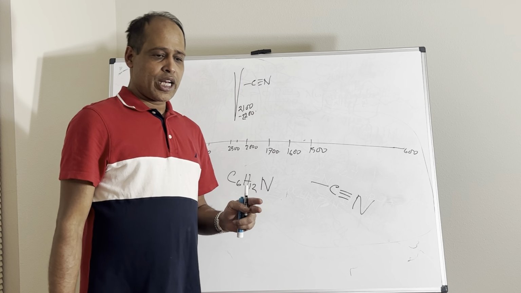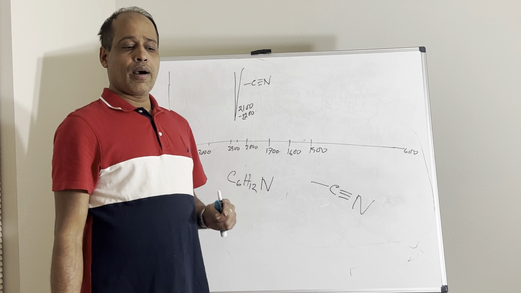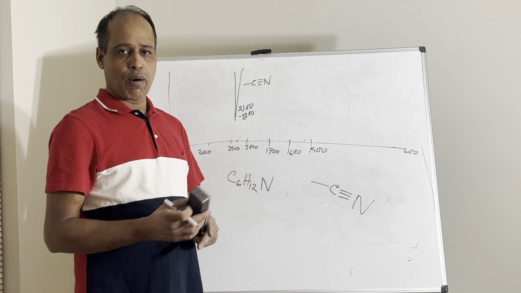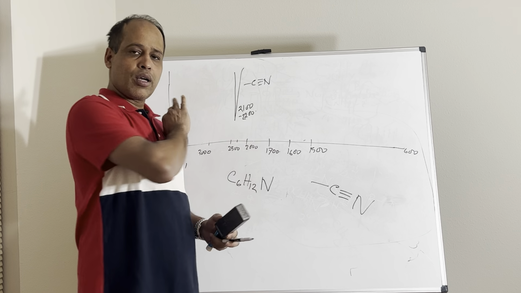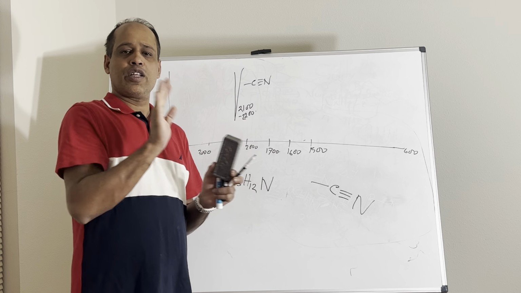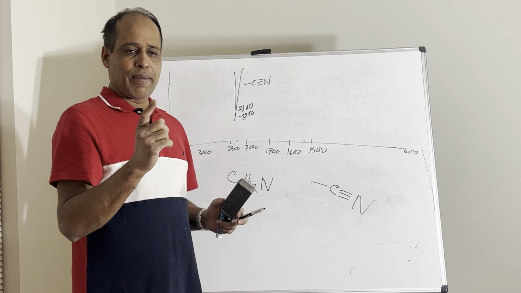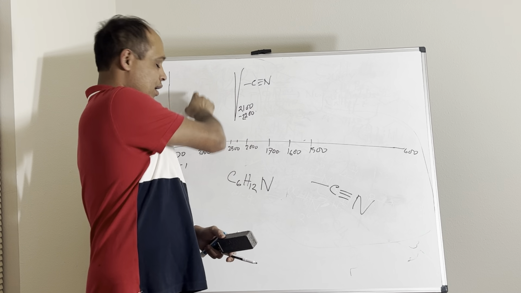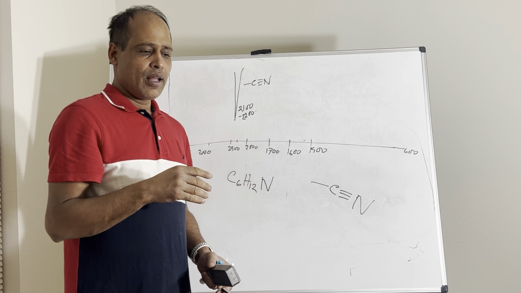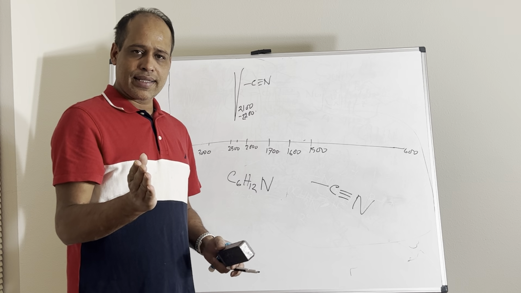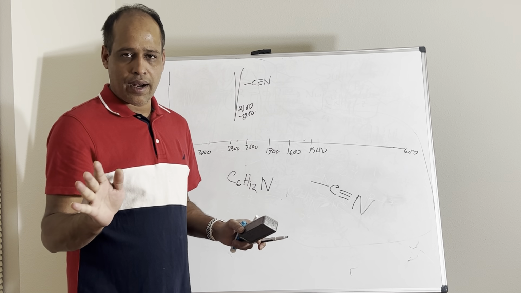So in the case of nitrogen, you will look for four different compounds. First of all, primary amine, so two bands. If they are there, yes. If not, no. Secondary amine, you will see one band here, above 3300 to 3600. If you see that, yes, secondary. If you don't see that, no secondary.